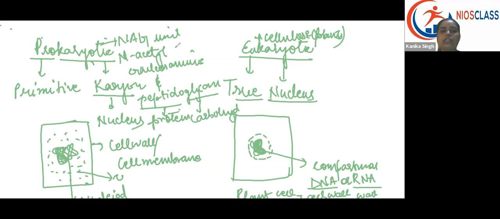This NAG is a sugar molecule, so we can say it is also a carbohydrate. Cellulose is also a carbohydrate.